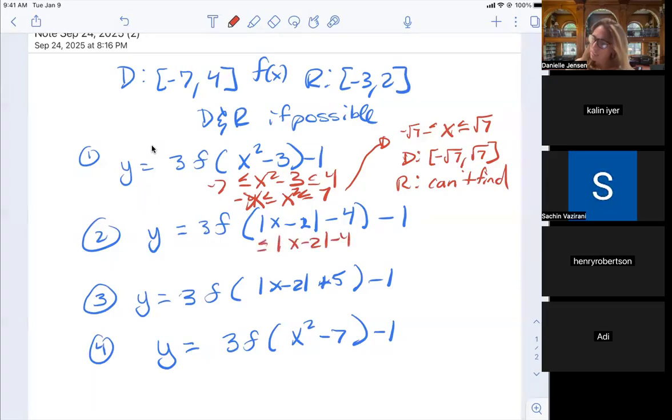Between the extremes again, which were negative 7 and 4, I'm going to add 4. And once I do that, what do we say now? Cut off the negatives. Yep, once again, so range, can't find.